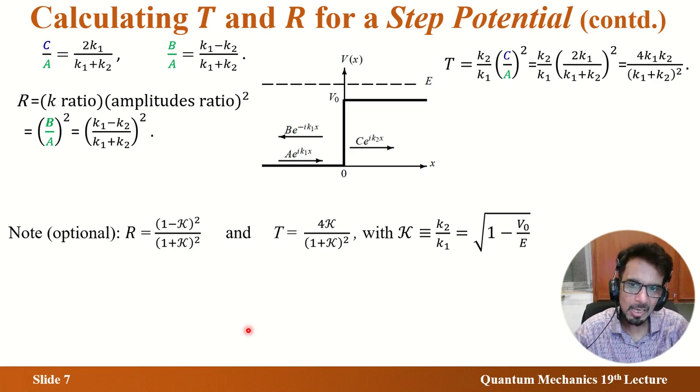I've done the calculation, but if I'm in a seminar or reading a book, I cannot do the calculation again and again every time, so it's good to develop a common sense so that you can remember the result, and for that you note it. You develop the quantity k2 over k1: you divide by k1 in numerator and denominator, and you can express this in terms of calligraphic k.